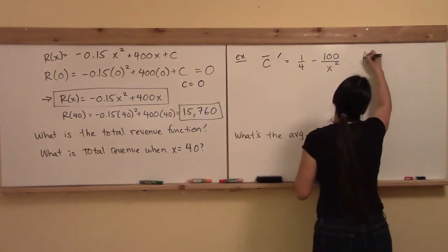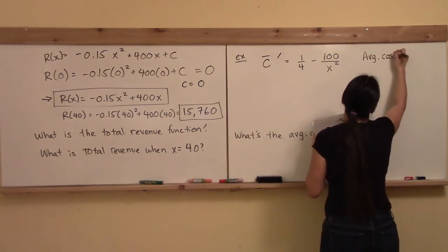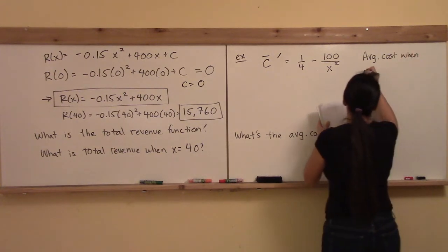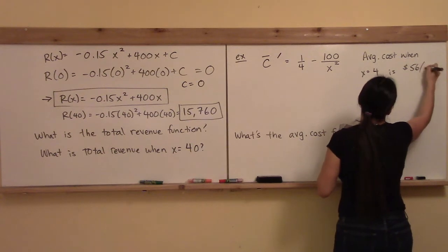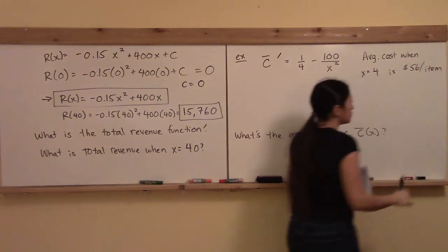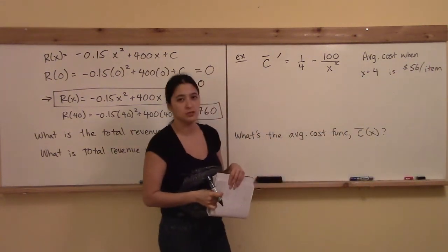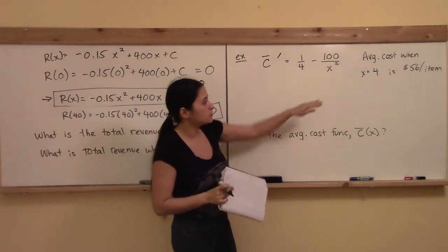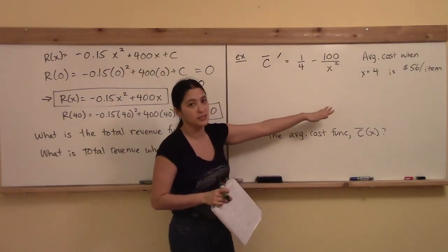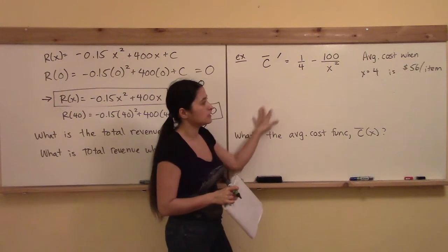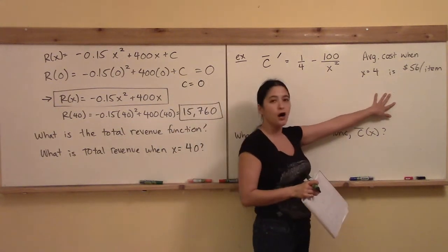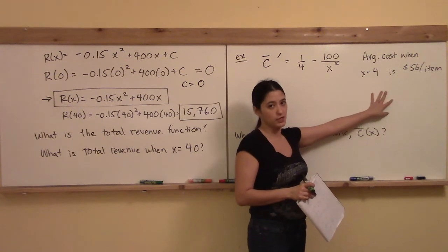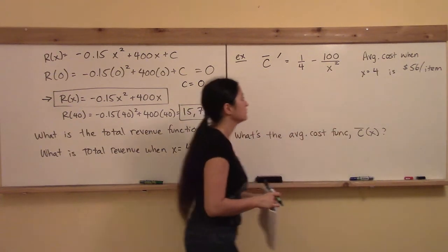I'll tell you that the average cost when x is equal to 4 is $56 per item. Remember that an average cost function is generally in units of dollars per item. This is exactly the point that I need. This gives me information about what c bar is, and it's going to help me solve for the constant of integration. This is known as the initial value.